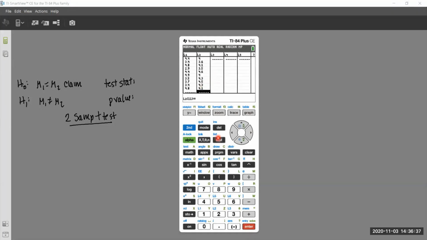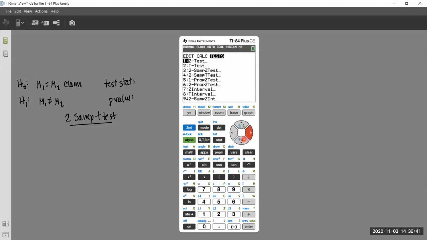So we're going to do our 2 sample t-test. We're going to go to stat. We're going to go over to tests, and we're going to do our 2 sample t-test. And this time we have lists of data. So we're going to go over to data. This asks, where did you put the first list of data? And sometimes this seems kind of strange, but maybe you put your list in list 3, or maybe you put it in list 5.